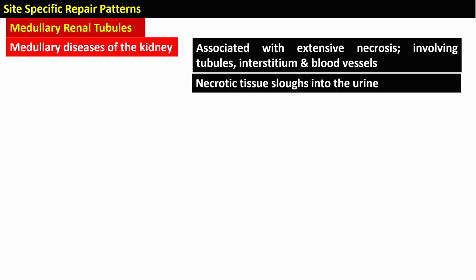So the cortical tubules that are damaged may be regenerated by simple division. There are no distinct reserve or stem cells present, and if the basement membrane is intact, they survive by flattening of the tubular cell.